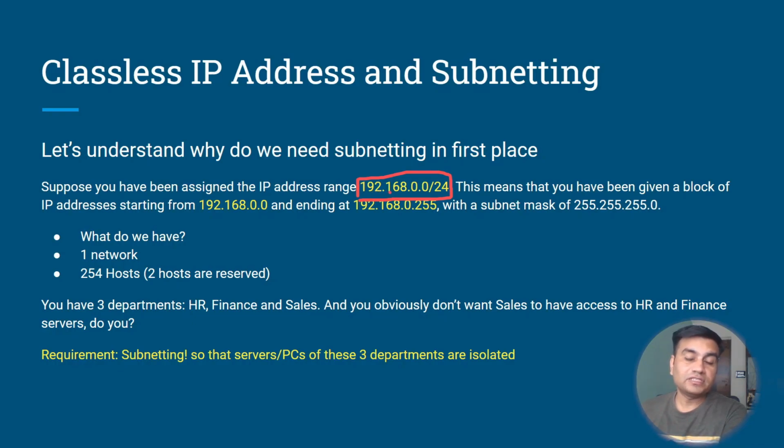And 192.168 is a private IP address in class C, and it has a CIDR notation of /24, which means again class C, and it is fixed, right? Fixed for how many hosts? It will have 254 hosts, right, excluding the 2 reserved hosts. So what that network admin has given you is one network where you can keep 254 computers. But life is not that simple, no?